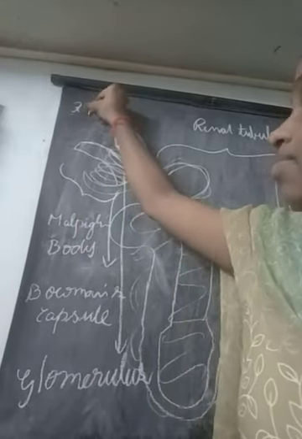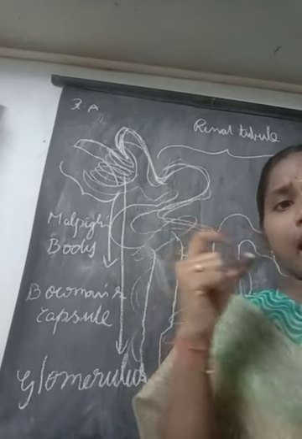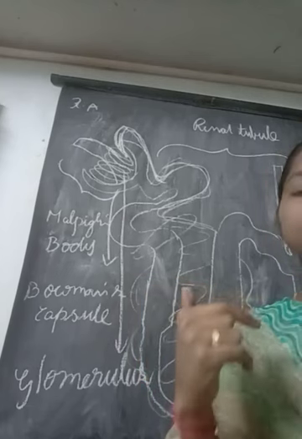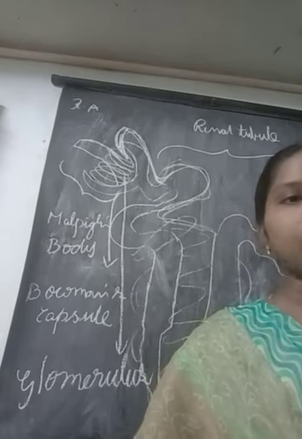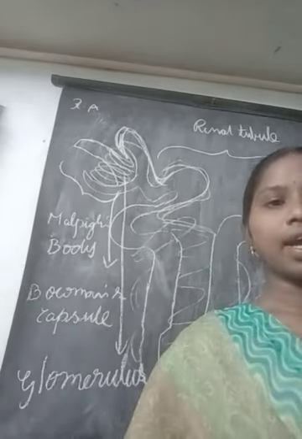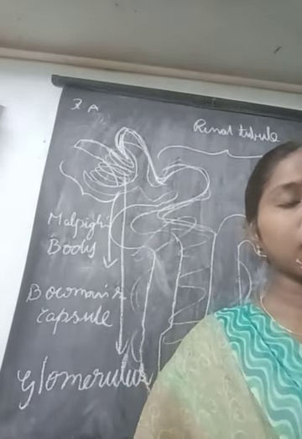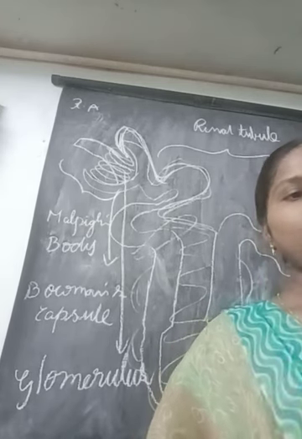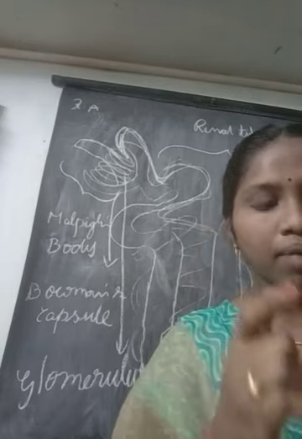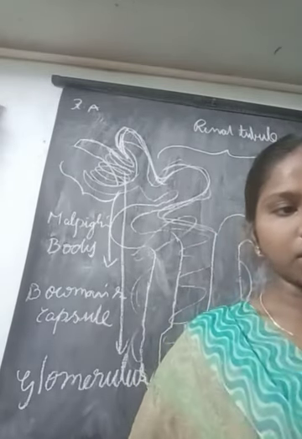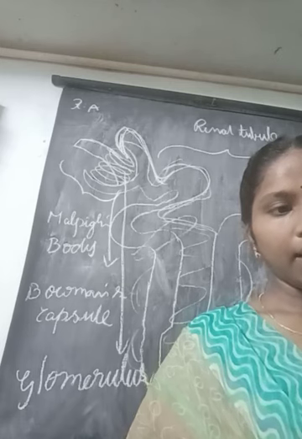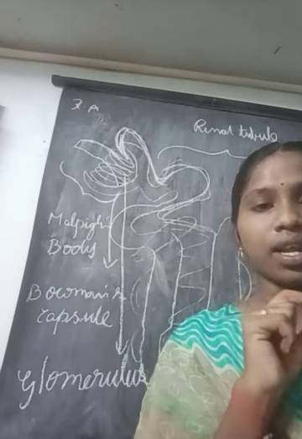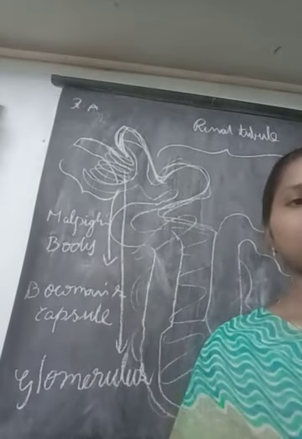The renal artery is the largest blood vessel. It has to supply blood to each and every nephron in the renal pyramids. In the kidney, so many renal pyramids are there, and in each renal pyramid, so many nephrons are there.